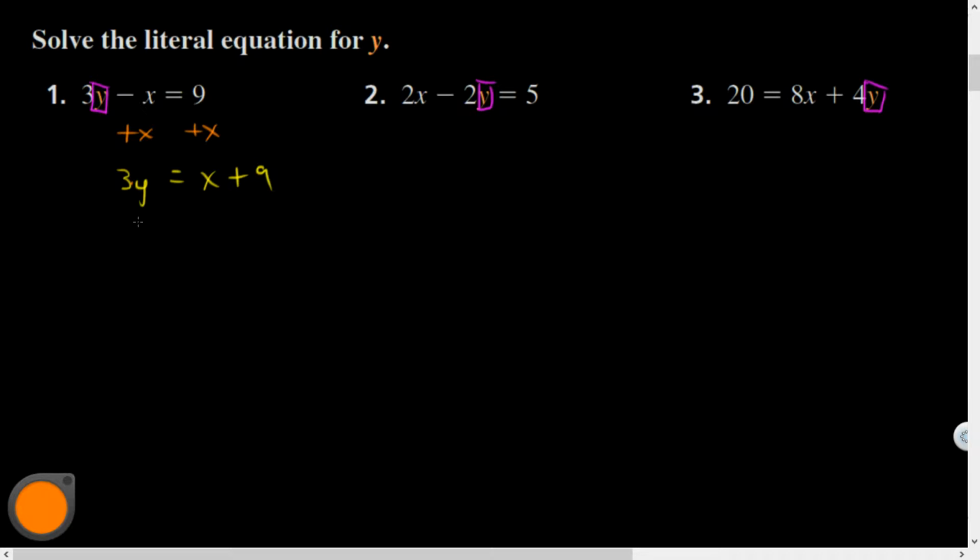And now how could I get y by itself? Being multiplied. What's the inverse of multiplication? Division. Right, and everybody gets divided by 3. So I've got y equals x over 3, watch this rewrite.